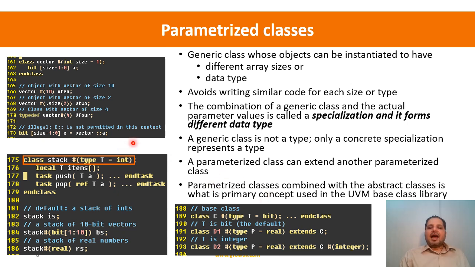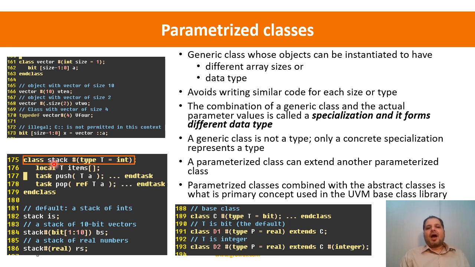Another concept associated with parameterization is that not only can you parameterize in terms of size, you can parameterize in terms of data type as well. Here I have created a stack, which is a last in first out type of data structure.